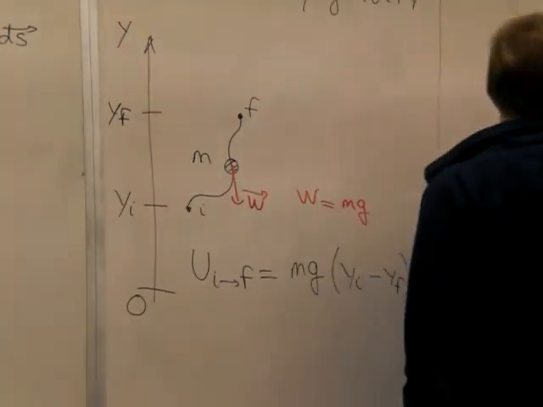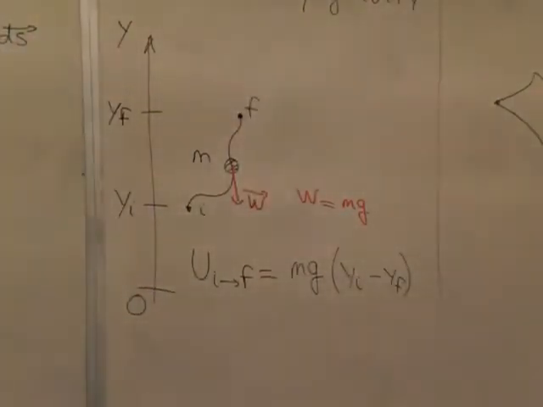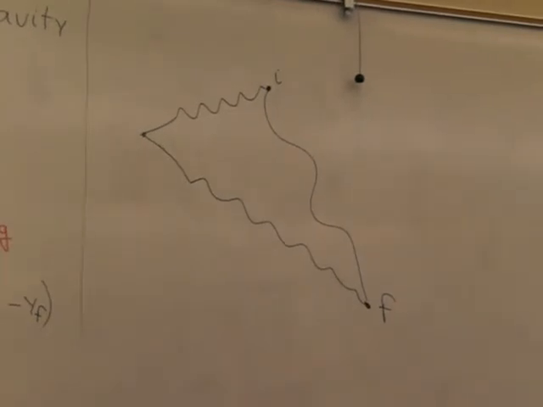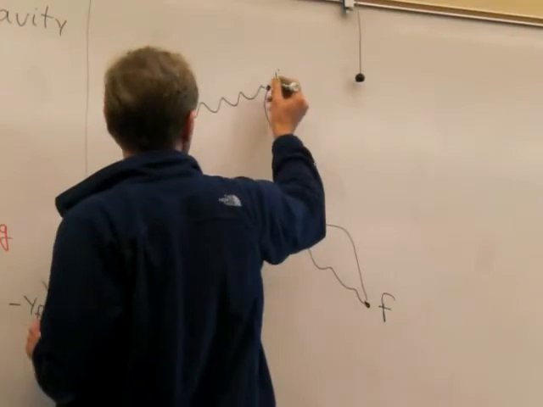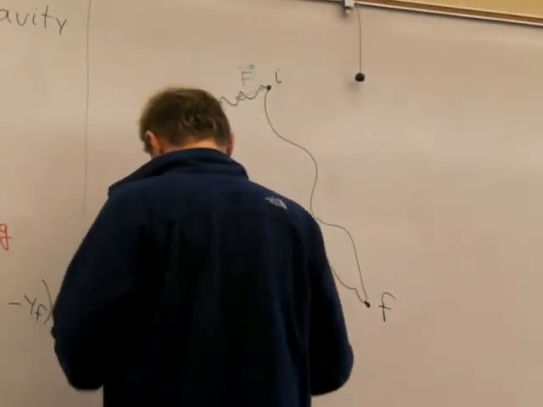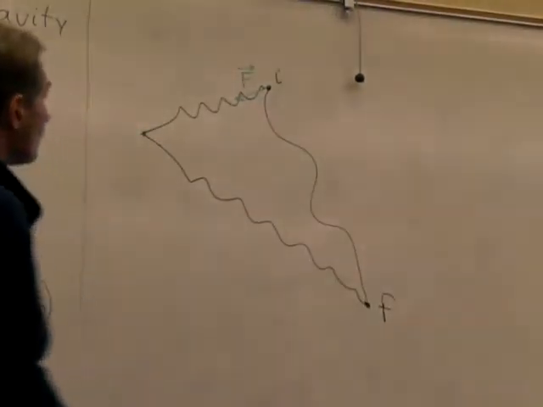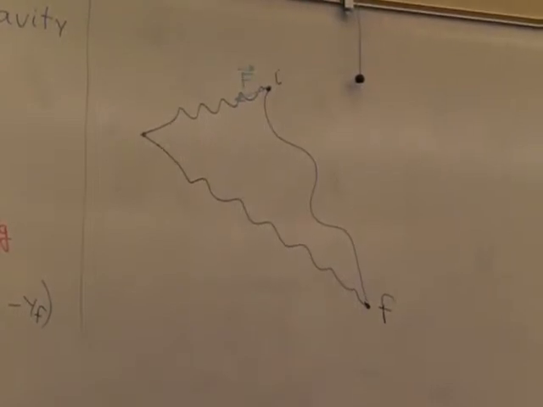And so we have some displacement from i to f. So there is a force acting on the object by the spring. What is the value of the force by a spring on an object? How do you find it? It's the coefficient k.